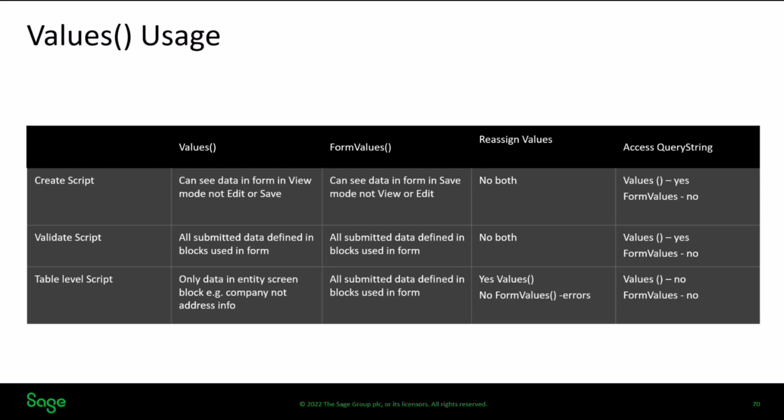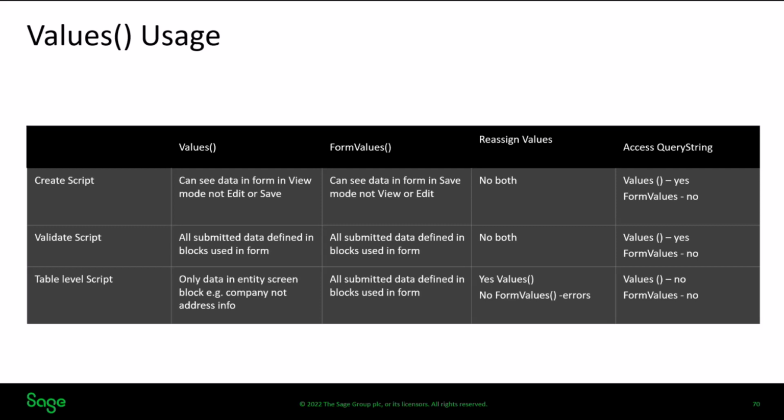Things like values, form values, and we want to be able to do different activities such as reading what is in the URL directly, or whether we want to be able to change data that is then submitted to the database. And different things can do different tasks.